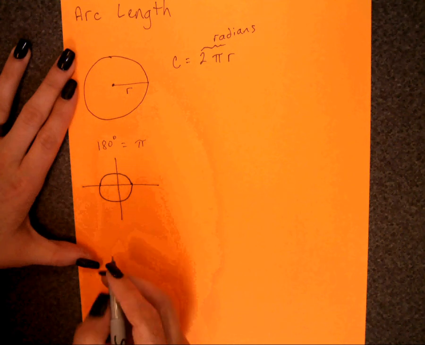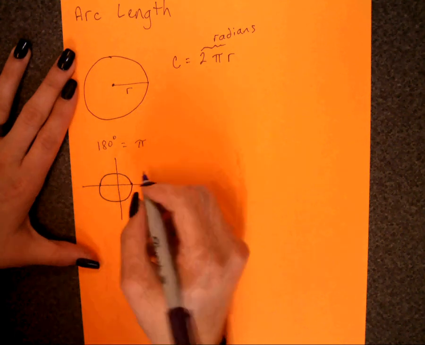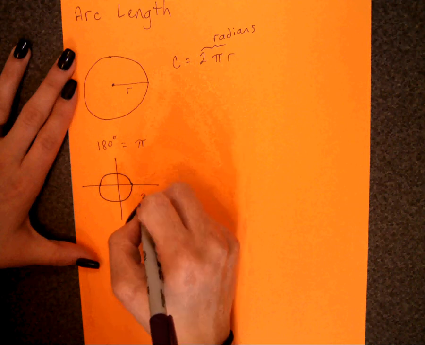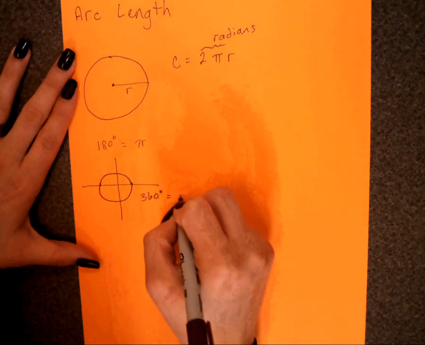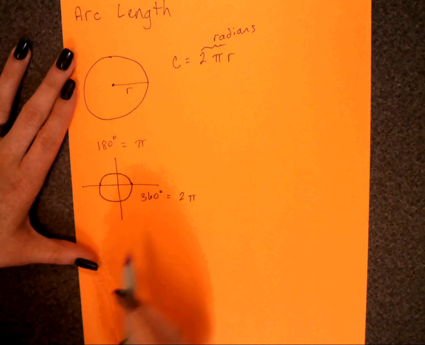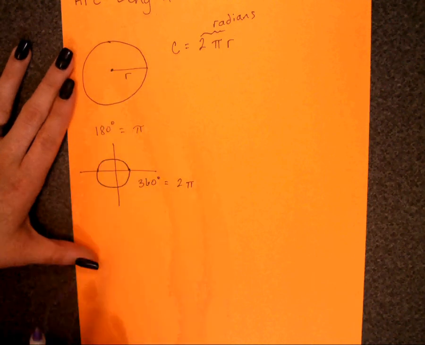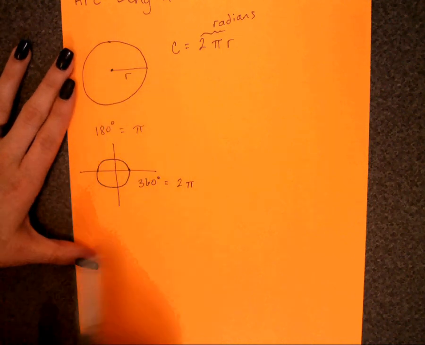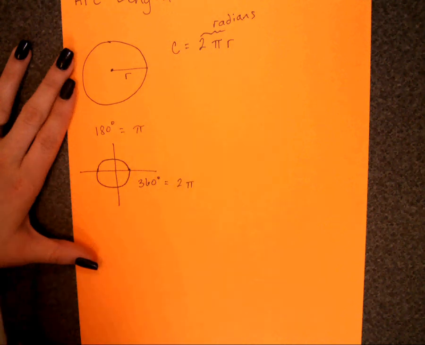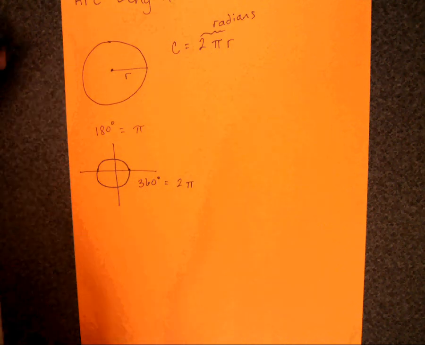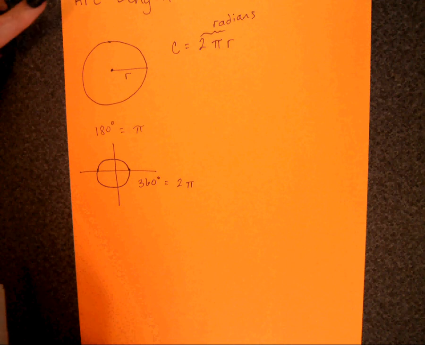If I come all the way back around, so another 180, that's 360 degrees, which is 2 pi, multiplying times 2. So 360 degrees is the same thing as 2 pi. The distance all the way around my circle is 360 degrees, but in radians that is 2 pi. So that's where the 2 pi in the circumference comes from.